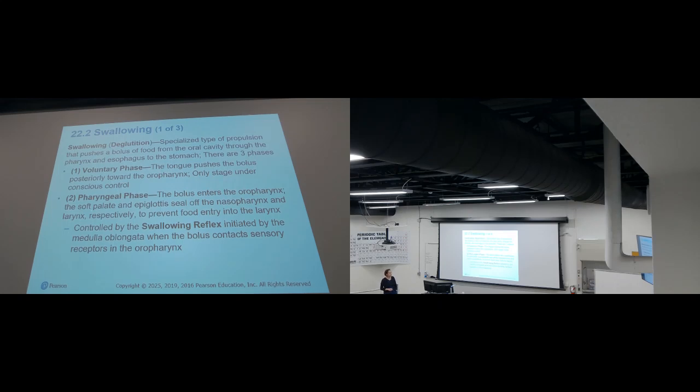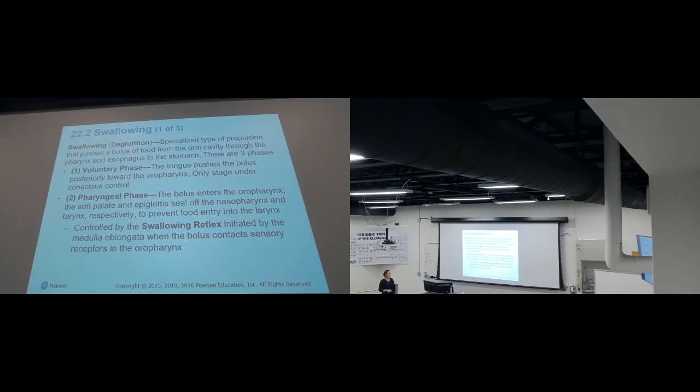And when the food enters into the pharynx, the soft palate and the epiglottis elevate, closing the nasopharynx so that the food won't go into the nasopharynx and it won't return into the oropharynx. And the epiglottis, as it's going up, also closes the larynx so that the food won't go into the wrong tube. So it will go only into the esophagus, but not into the airways.